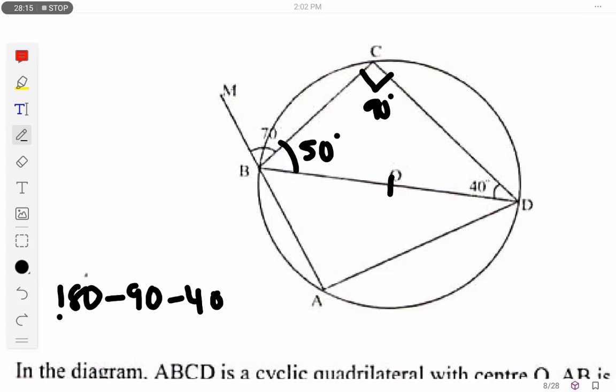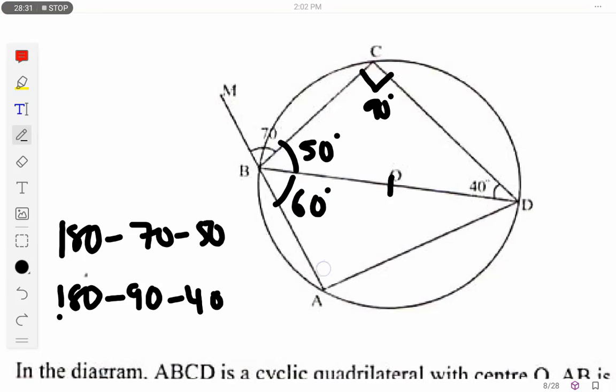Then I can use again the idea of a straight line. Angles on a straight line add up to 180, so it's going to be 180 minus 70 minus 50 here. So I'll get 60 here. And this is also 90 degrees here, angle subtended by the diameter.